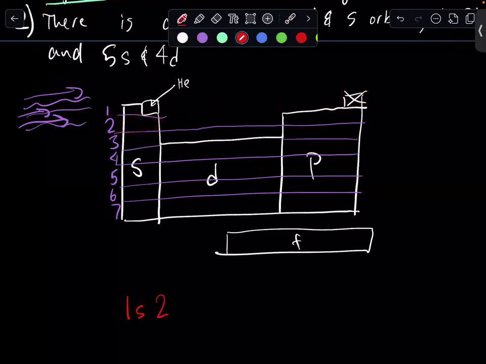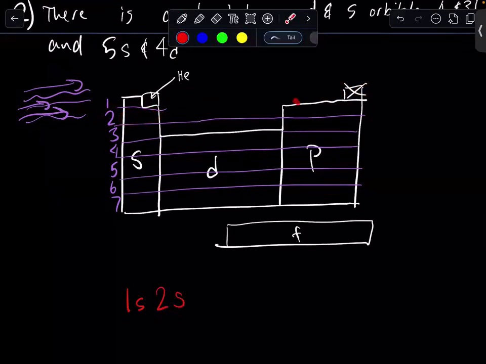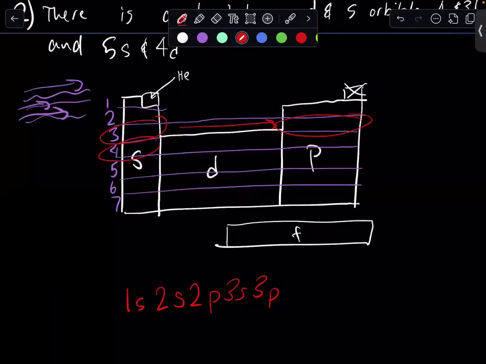So I will then write 2s. I will continue to read across. And that's still energy level 2, but now p. Then I drop down and I see 3s. Then I read across and I go 3p. Then I drop and we hit 4s. Then 3d.